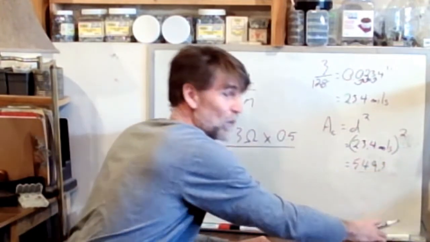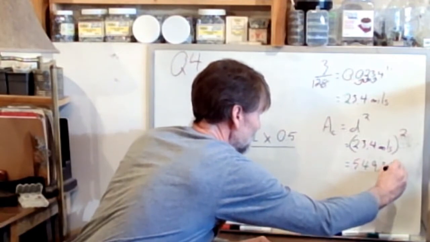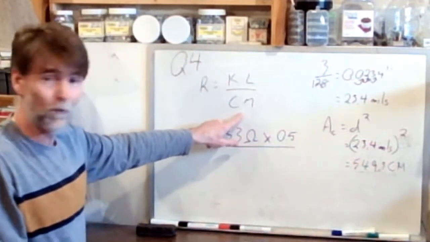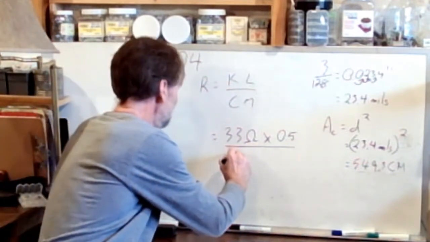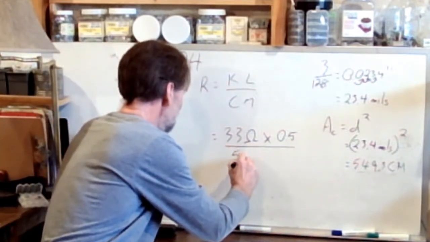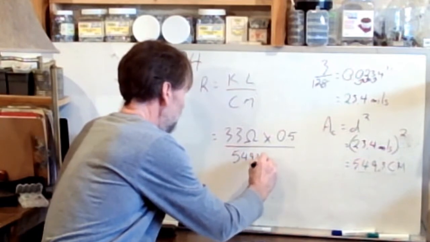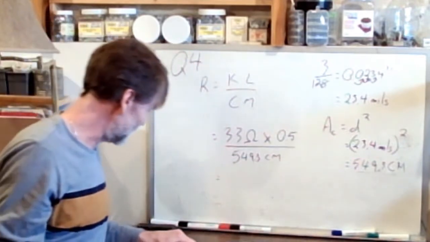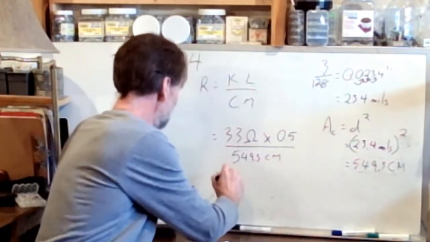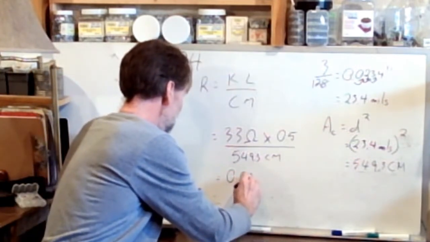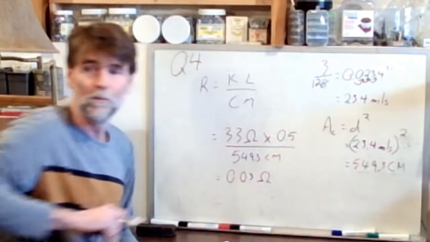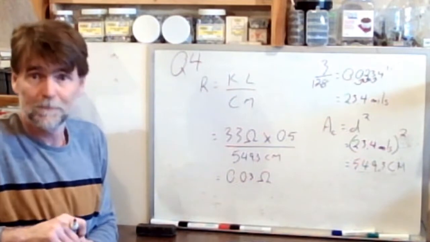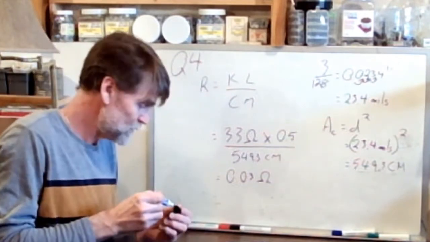I almost wrote square mils, that is circular mils. And that finally is the number that we're looking for to put into our equation. So 549.3 circular mils. Now we can calculate that out, and we get an answer of 0.03 ohms, the resistance of this tungsten filament. Okay, so that's how we do question 4.